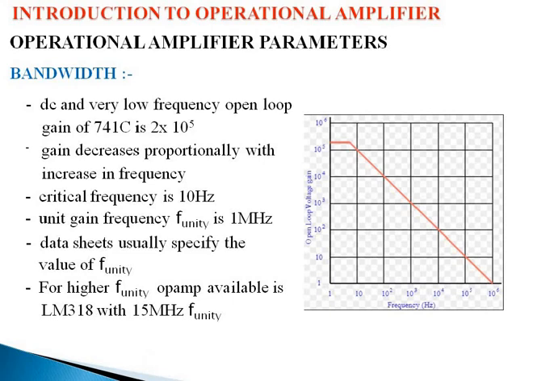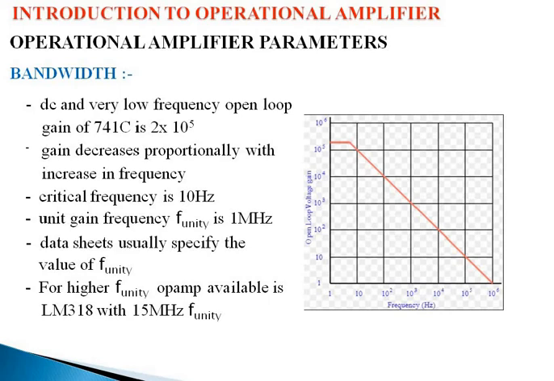The data sheet usually specifies the value of F unity because it represents the upper limit of the useful gain of an op-amp. This means that 741C can amplify the signals up to 1 megahertz. Beyond this 1 megahertz, 741C is of no use.